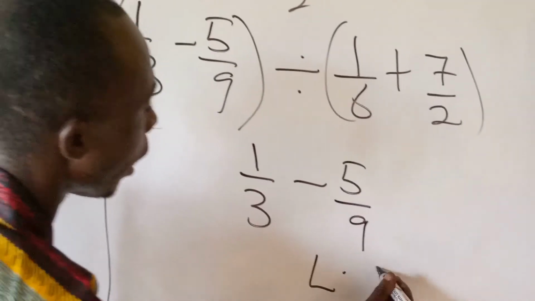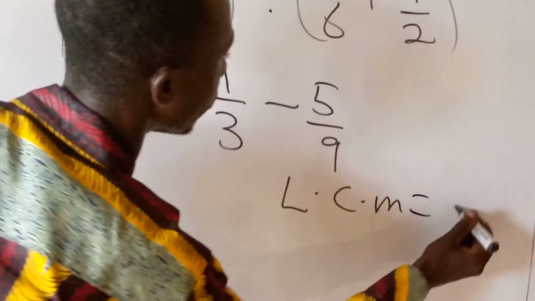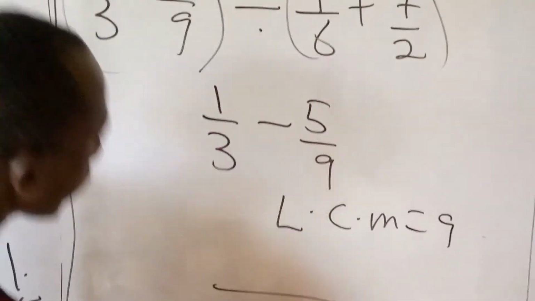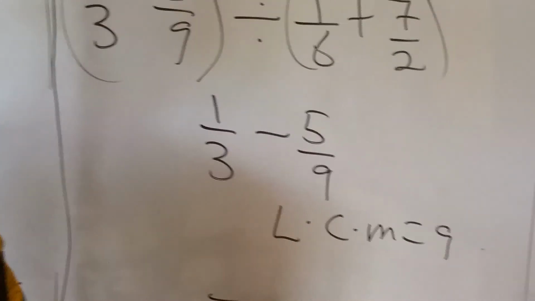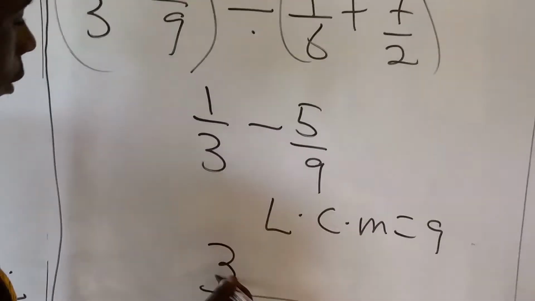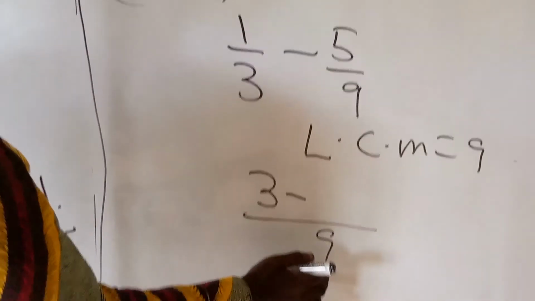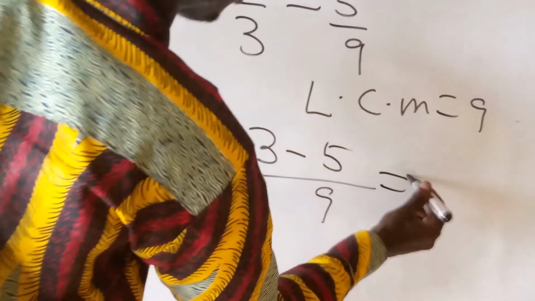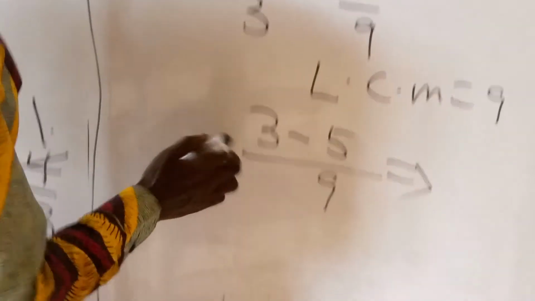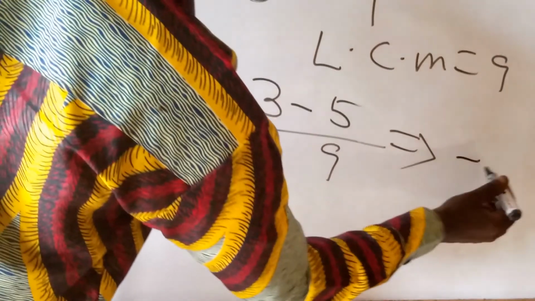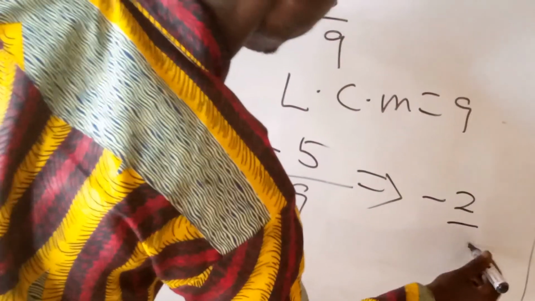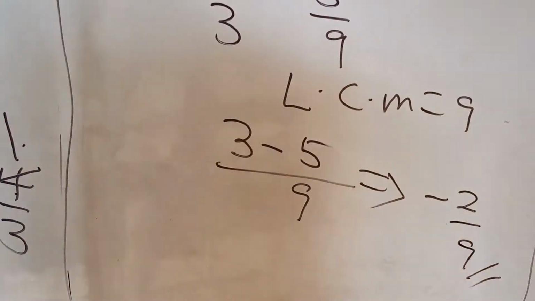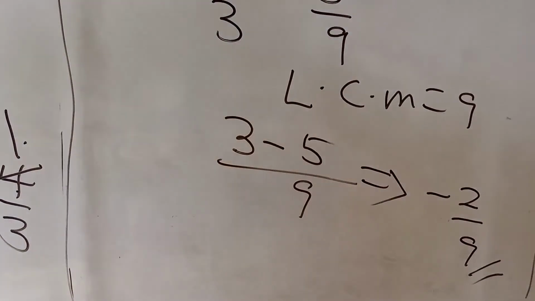We find our LCM as 9. 3 goes into 9, how many? 3. 3 times 1, 3. Minus 9 goes into 9, 1. 1 times 5 is what? 5. So 5 from 3, we are getting what? Negative what? 2/9. We have negative 2/9 here.